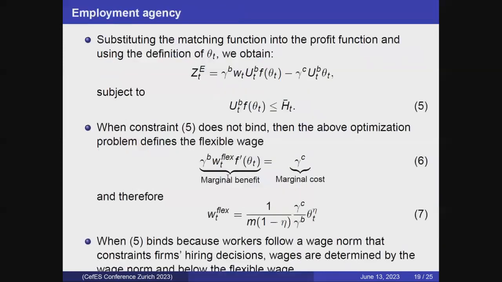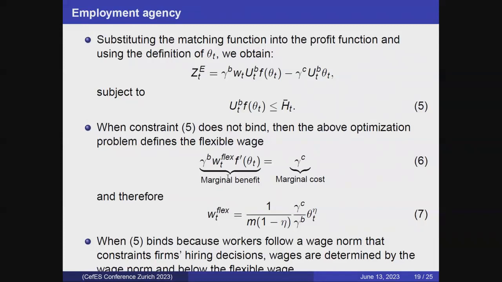So what's happening here? When we substitute the matching function and use the definition of theta, we can see that the problem of the agency is basically to maximize this revenue, these profits, under the constraint of not creating too many vacancies. So when the constraint is not binding, this is basically telling us what is the flexible wage.